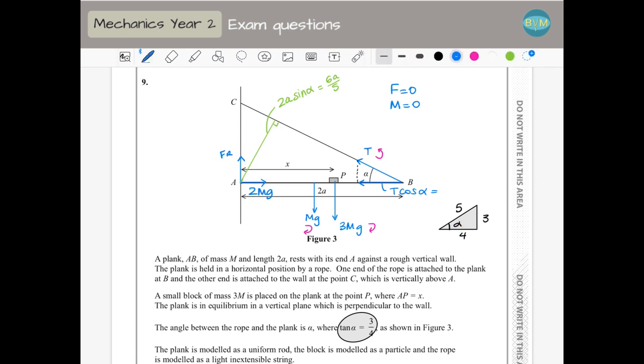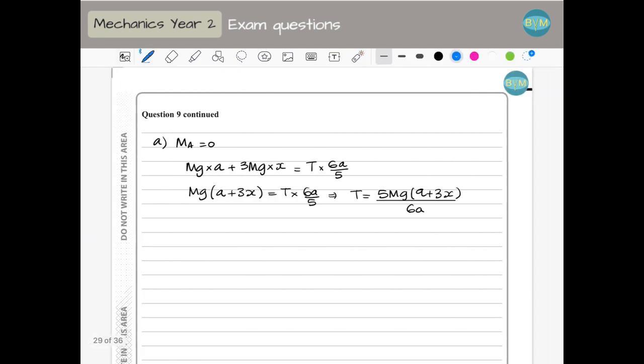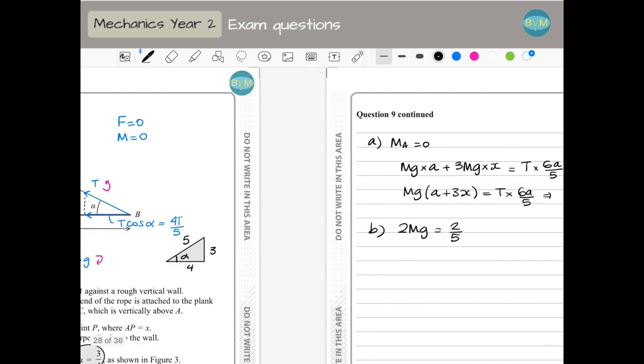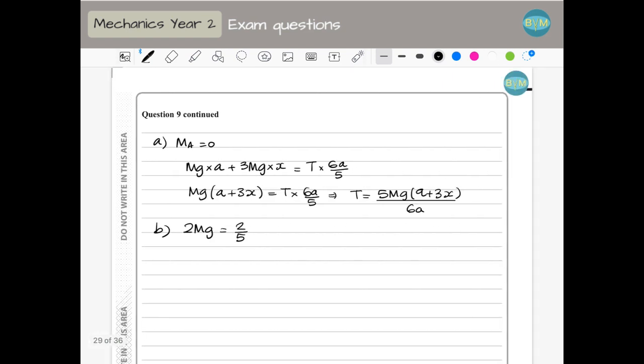So I have t times 4/5, or 4/5 of t. That looks slightly better. So this force is going to be equal to this force because I don't have any other horizontal and it's in equilibrium. So 2 mg is 4t divided by 5. Sorry, 4/5.